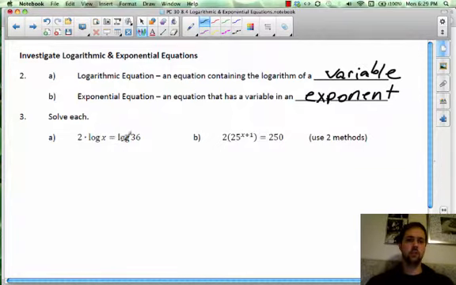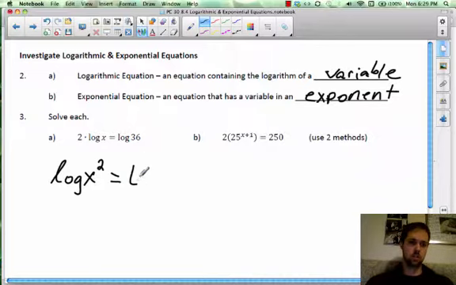2 log x equals log 36. Now, we use one of our laws of logs here, and we can put this 2 up as a power of x and rewrite this as log x squared equals log 36.